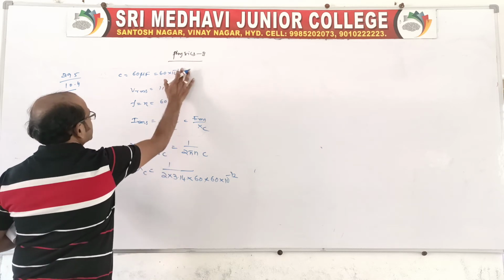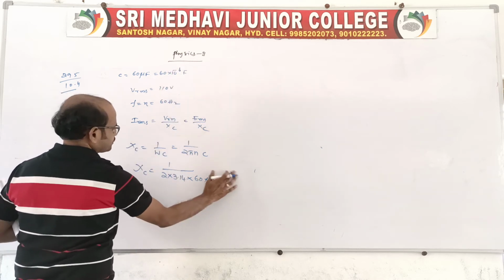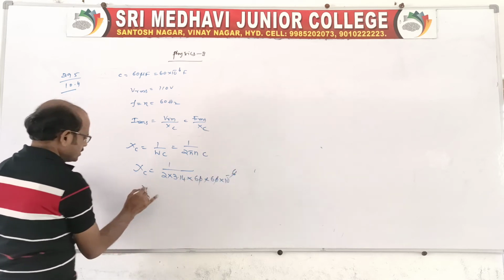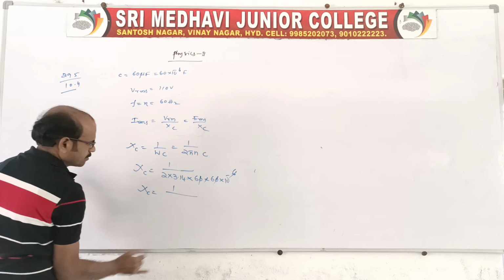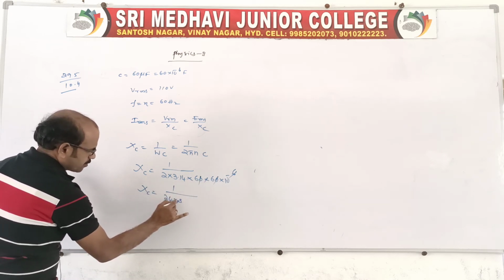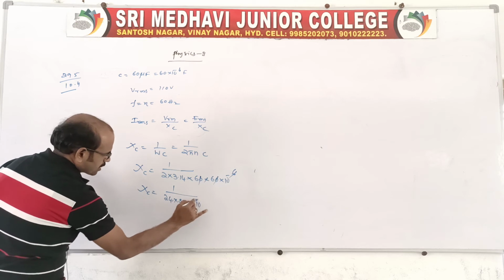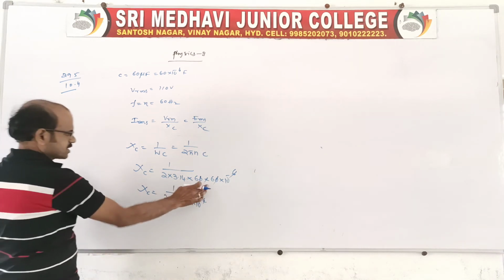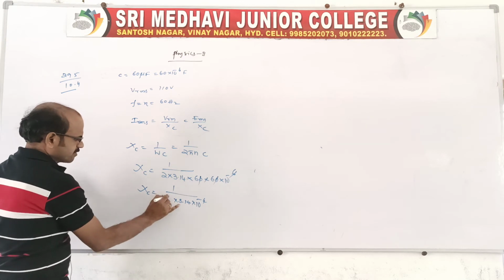Sorry, microfarad means 10 power minus 6. 2 zeros are cancelled. So X C is equal to 1 by 72 into 3.14 into 10 power minus 4.